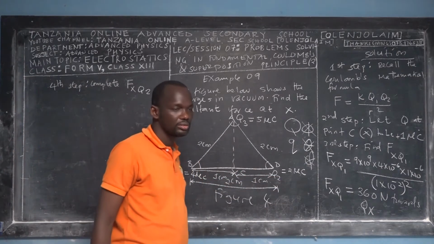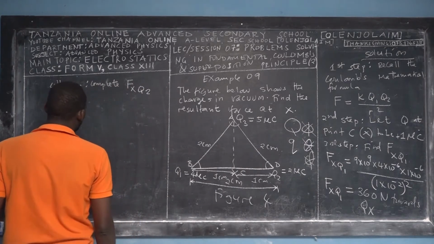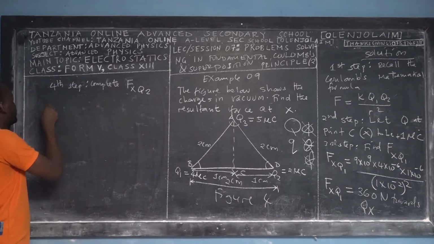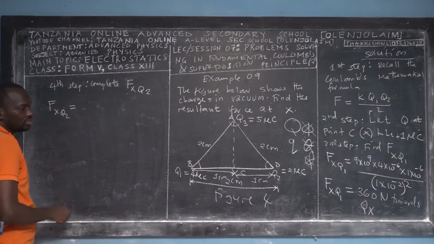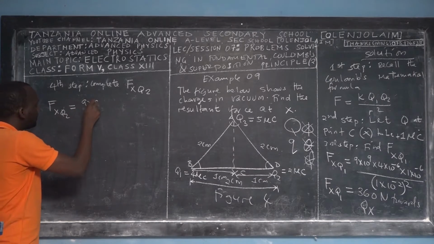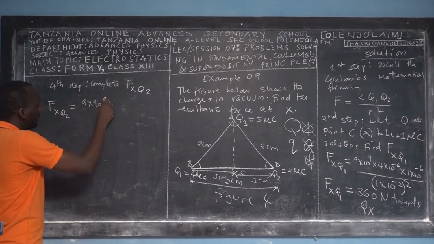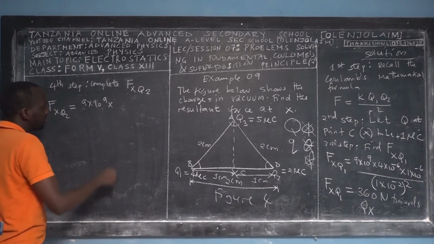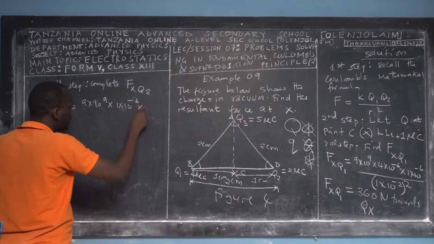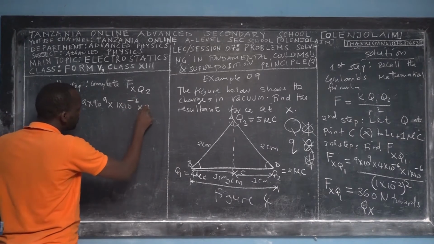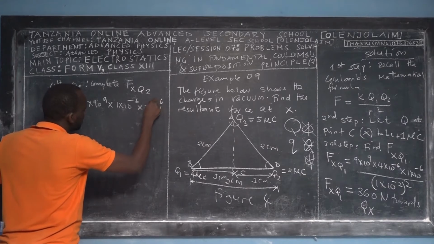So you have a force of repulsion there. So from Coulomb's equation, F of Q2 is equal to what? It's equal to 9 exponent 9, and then Q1 is 1 exponent -6, and this one is 2 exponent -6.